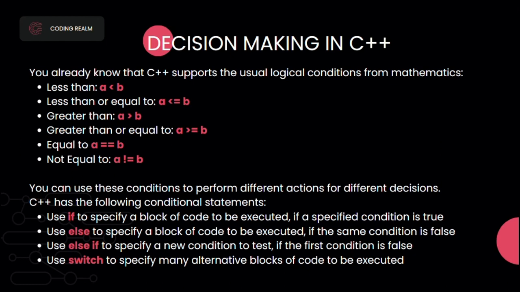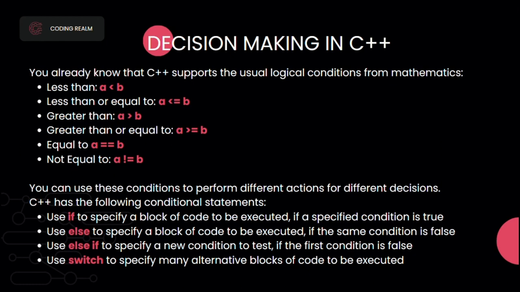C++ has the following conditional statements. Use if to specify a block of code to be executed if a specified condition is true. Use else to specify a block of code to be executed if the same condition is false. Use else if to specify a new condition to test if the first condition is false.